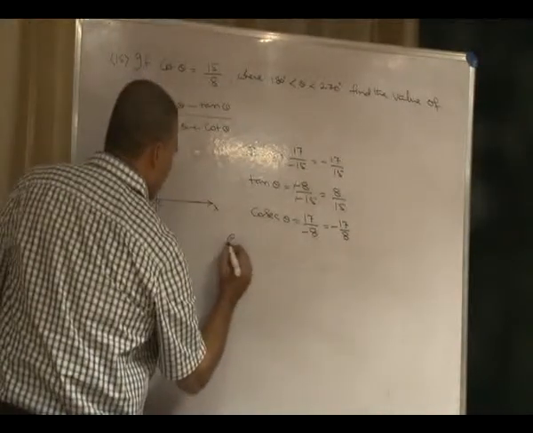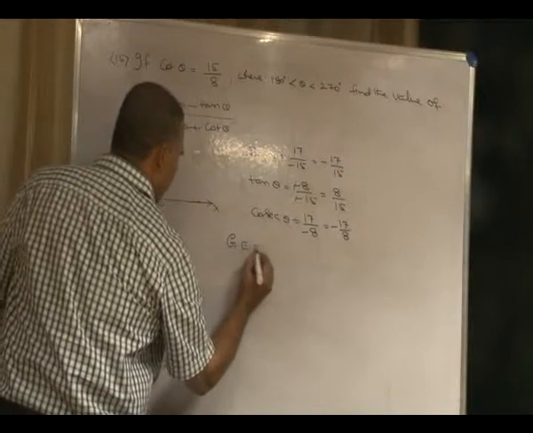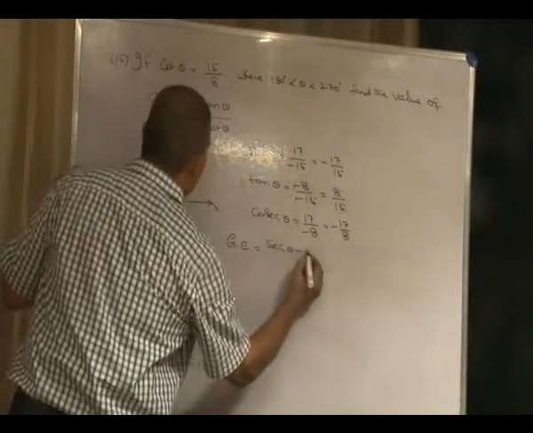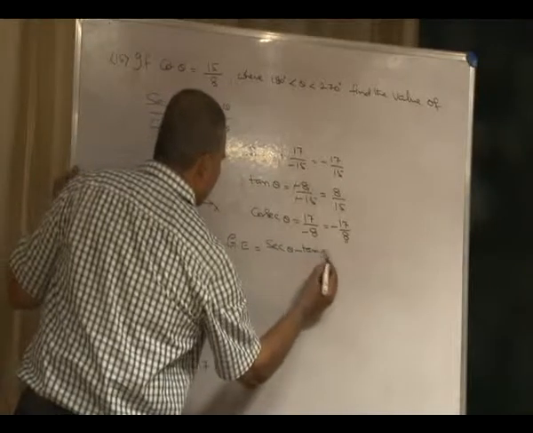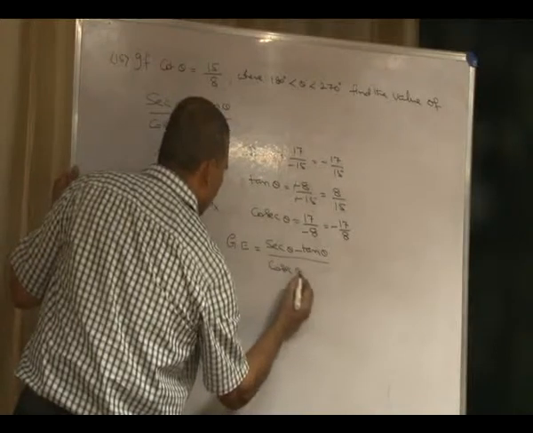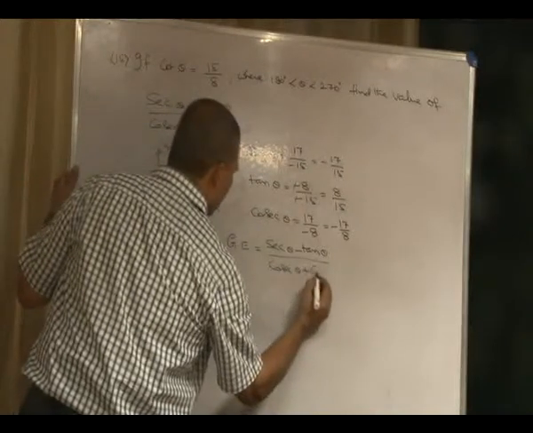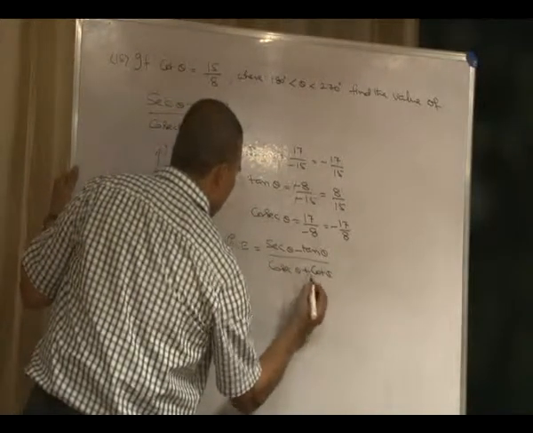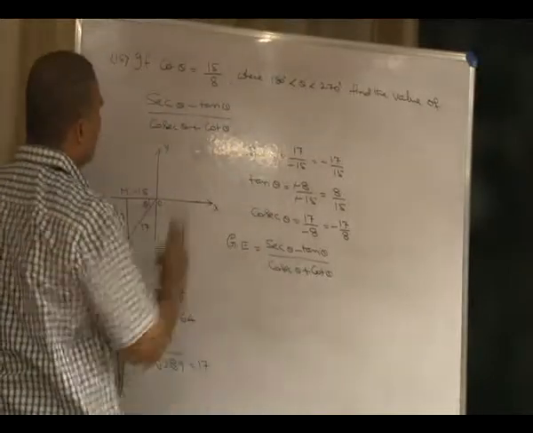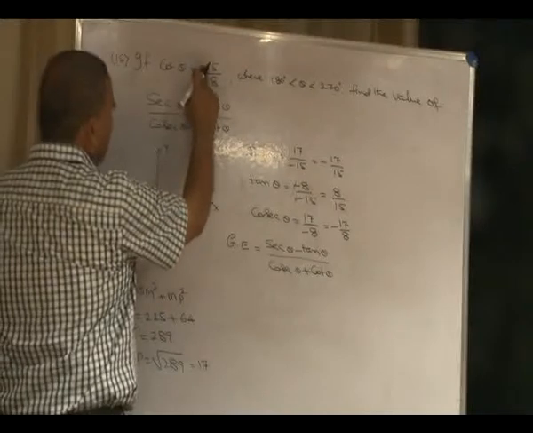Now take the given expression, that is GE, equal to secant theta minus tan theta by cosecant theta plus cot theta. Here theta is in the third quadrant. In the third quadrant, cot theta value is positive, that is given.